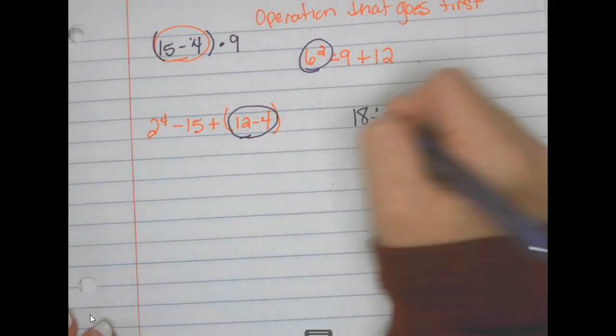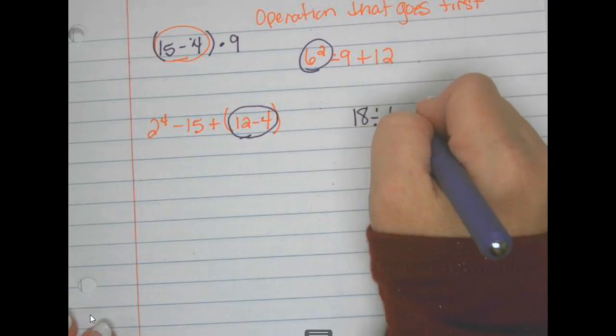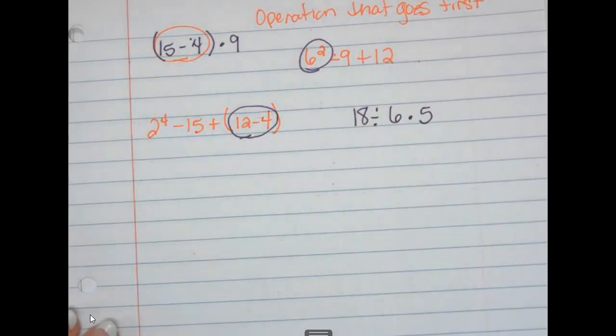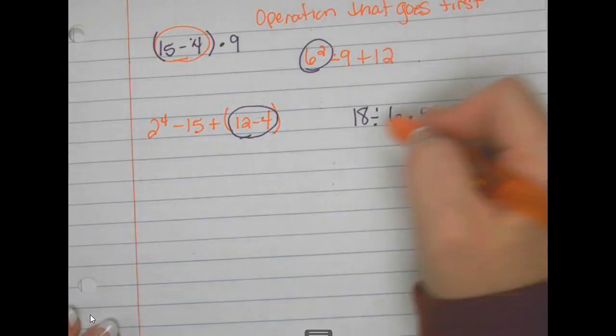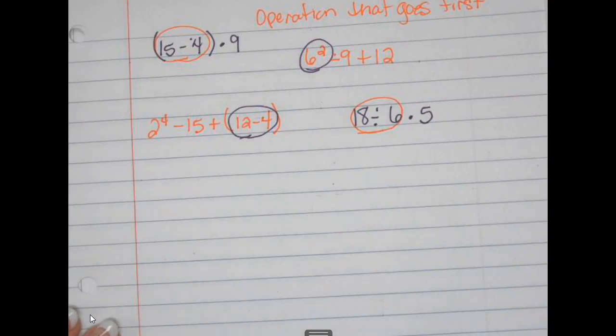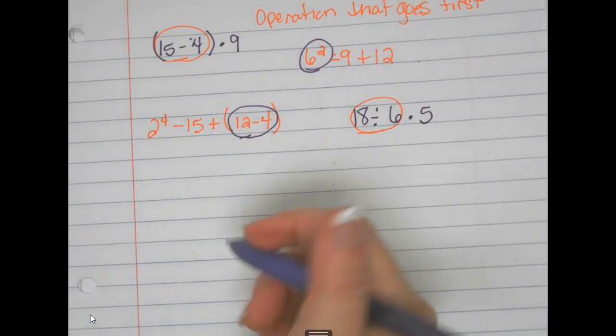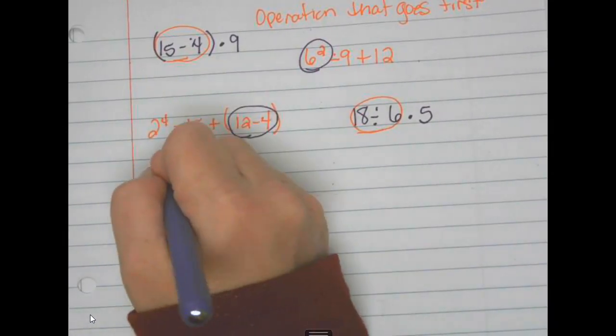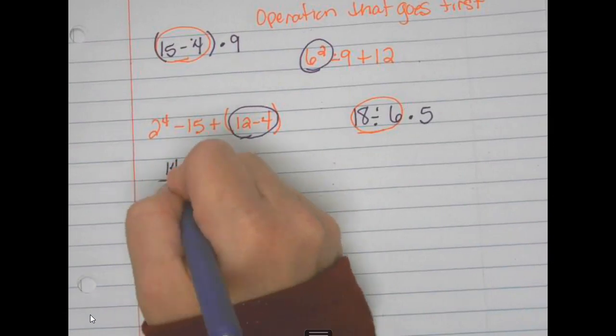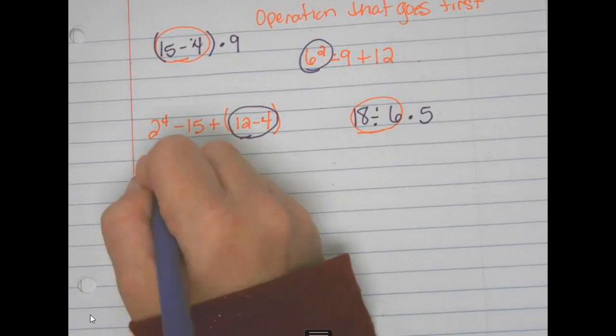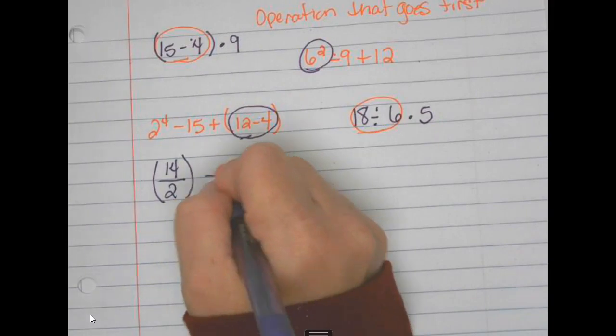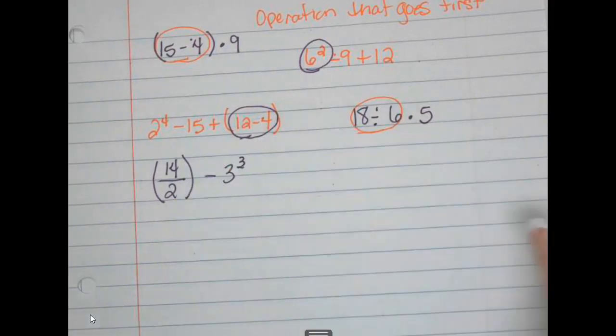18 divided by 6 times 5. 18 divided by 6 goes first. 14/2 minus 3 cubed.